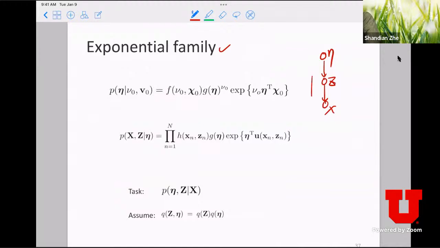In general, we assume that given eta, the joint distribution of your observed data x and z is represented by some exponential family distribution, which in general gives you this form. If we still have an impression about this form, a distribution of the exponential family can be written as an independent factor of the random variables x and z times an exponential form.